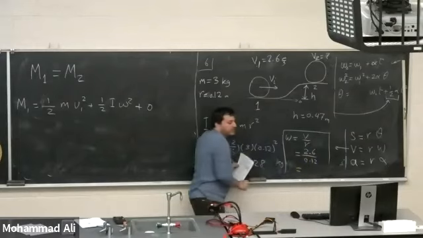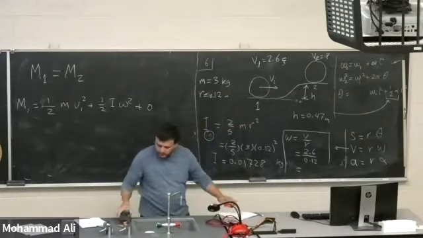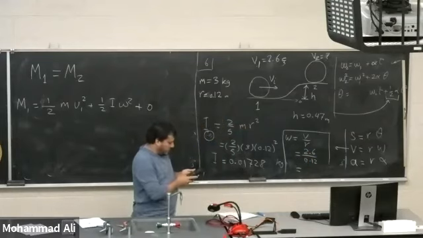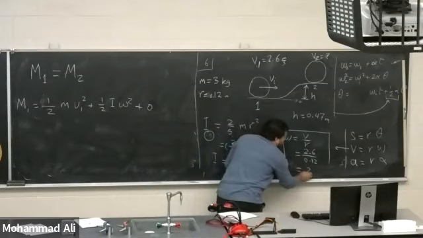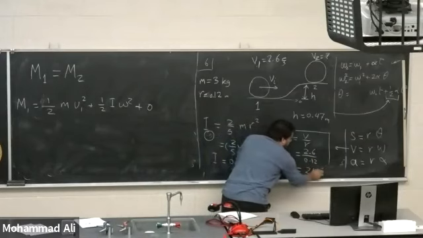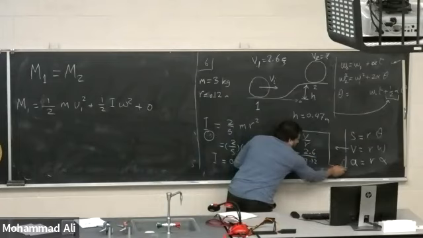Now we have it in radians per second. 2.6 over 0.12, it is 21.67 almost radians per second.